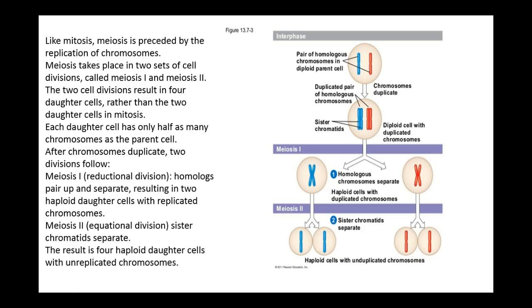Like mitosis, meiosis is preceded by replication of chromosomes. So you start out with this germ cell or precursor cell. It depends on whether you're referring to a spermatocyte or spermatogonia, as it's called in the human male, but we'll just call it a germ cell.